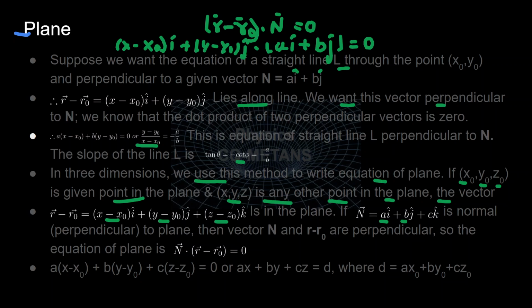Then this vector n and r minus r naught are perpendicular. So we know what to do with perpendicular vectors. We get a times x minus x naught plus b times y minus y naught plus c times z minus z naught is equal to 0. Or we can write it as ax plus by plus cz equals d, where d is this. So this is the equation of the plane.